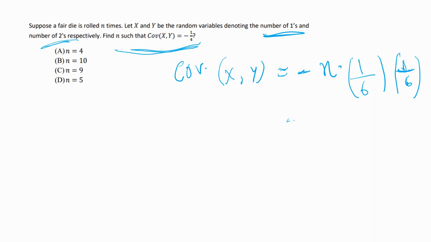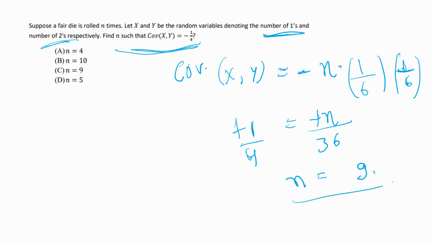So this one will be minus n upon 36, and you have given this one as minus 1 by 4. So this is just cancel out, this is very basic.